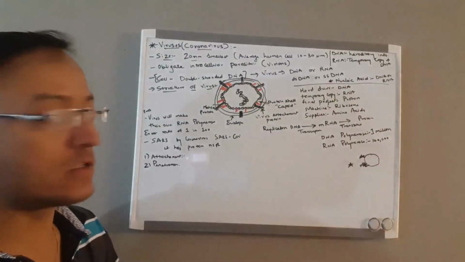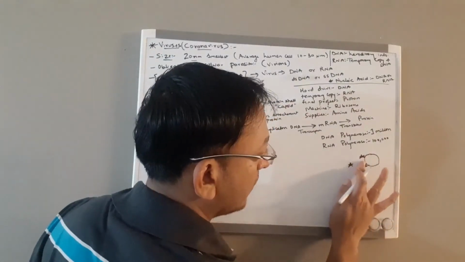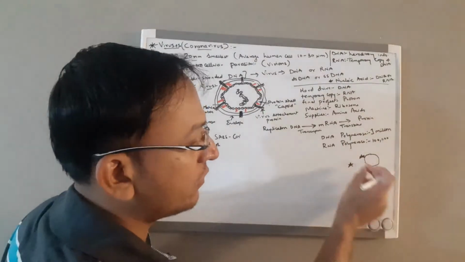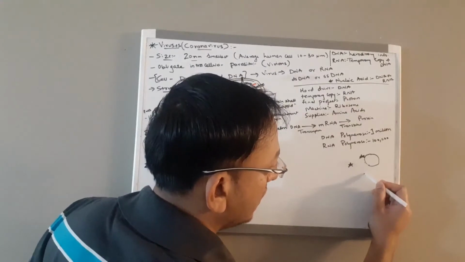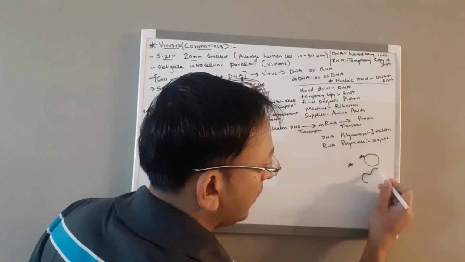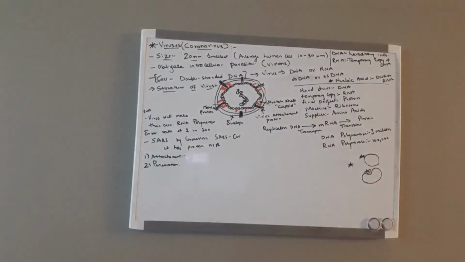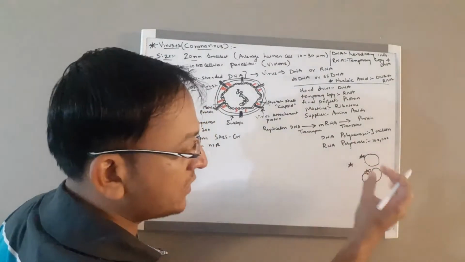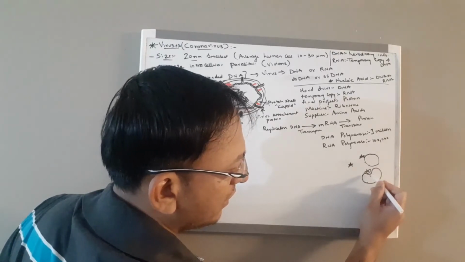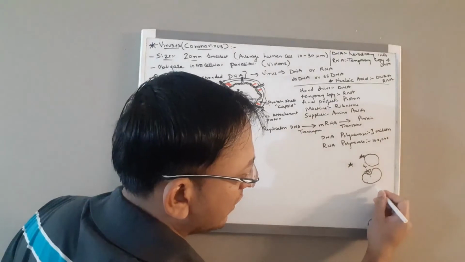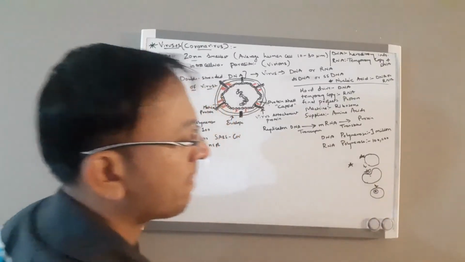For example, for endocytosis, this is some component that the cell needs inside. The cell starts bulging, and this goes inside and makes a vesicle, and after this the star will be inside.